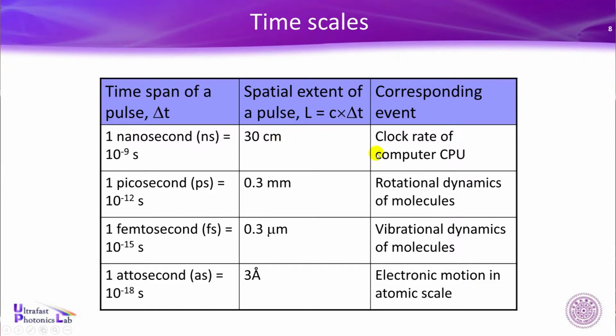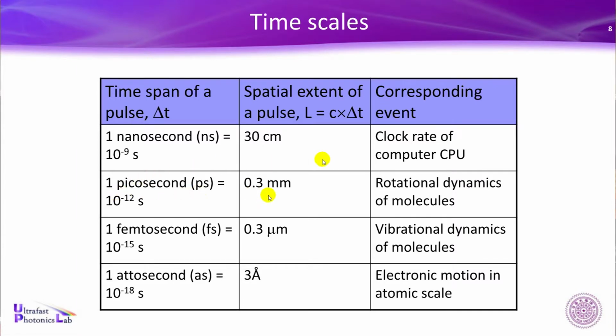And the corresponding event is the clock rate of a computer CPU. 你目前的 either laptop or your smartphone, the CPU speed is about gigahertz, right? So the time domain is nanosecond. Spatial extent, 30 centimeters.